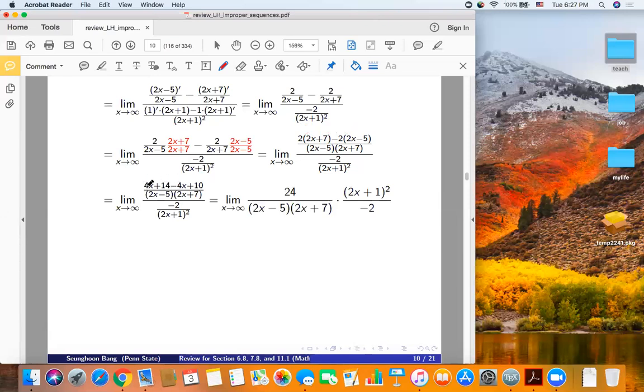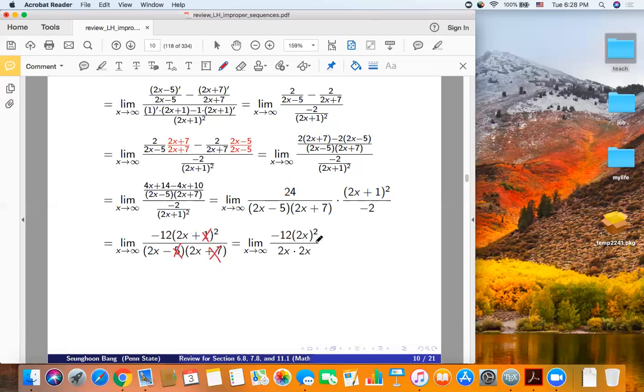Here, 4x is cancelled. 14 plus 10 is 24 over the denominator, times the reciprocal of the denominator, 2x plus 1 squared over negative 2. So simplify more. The 2 is crossed out, only change 12. Negative 1 times 12 is negative 12 here. Next, this is the infinity over infinity form. You have to ignore the lower terms.